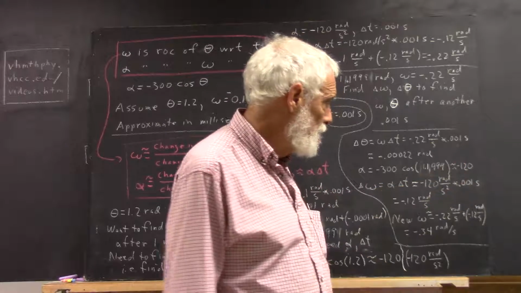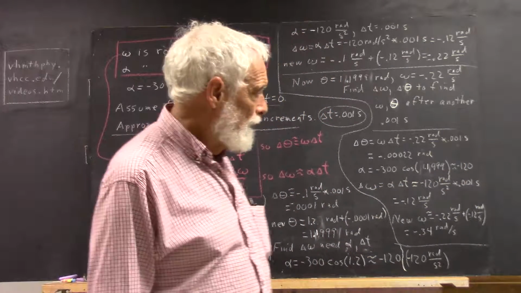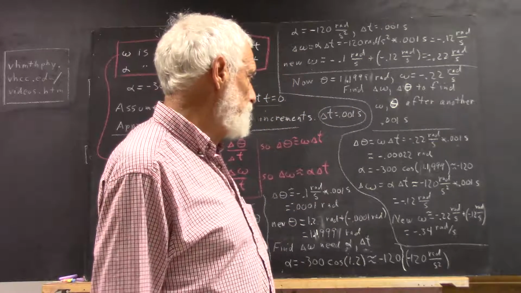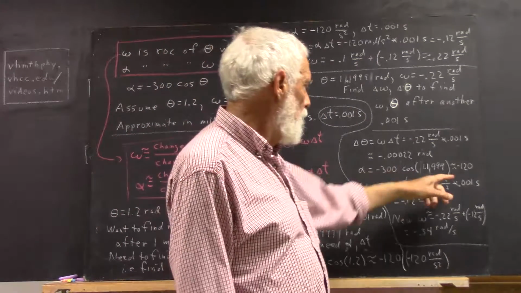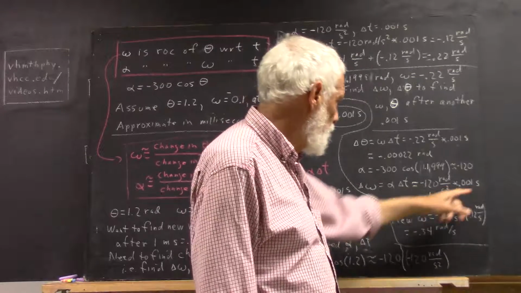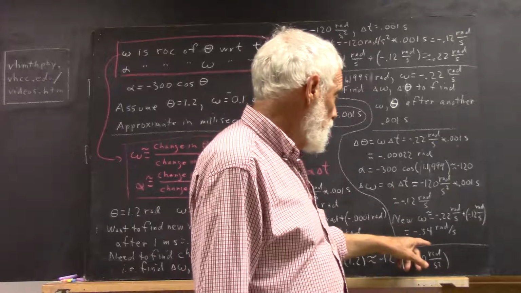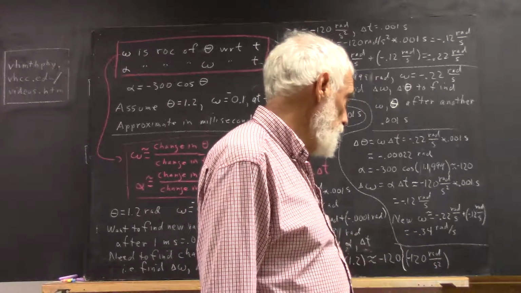So that's not going to change significantly for a while, and it's not really accurate anyhow. You can easily calculate it accurately. So with this alpha, our delta omega is going to be another negative 0.12 radian per second, and our new omega is now going to be negative 0.34 radians per second.